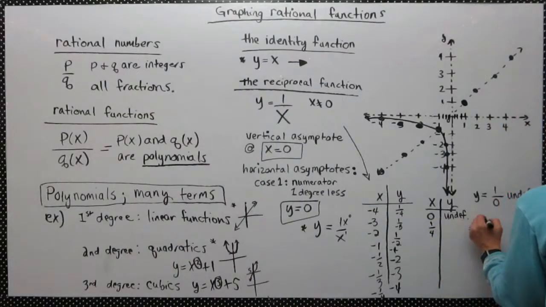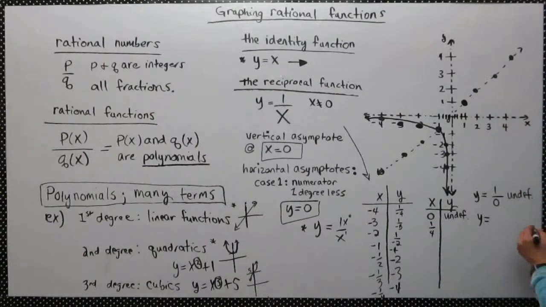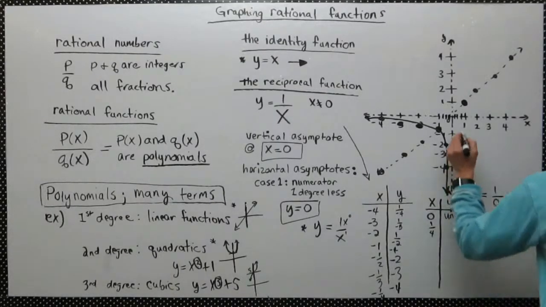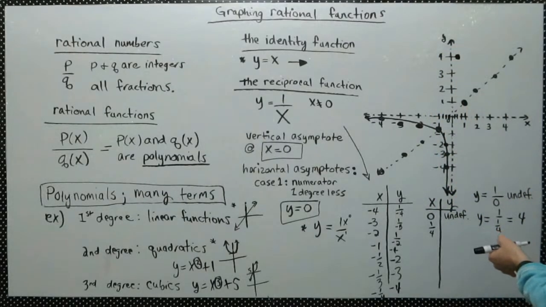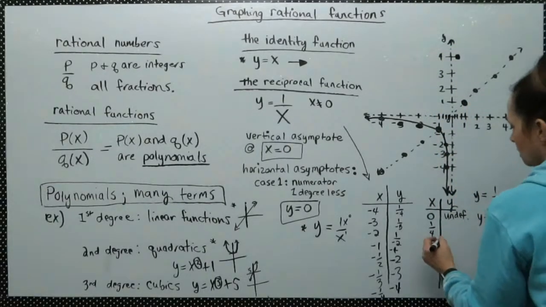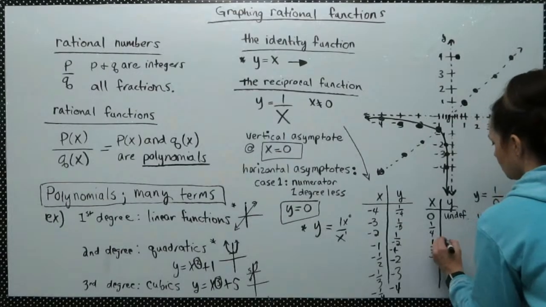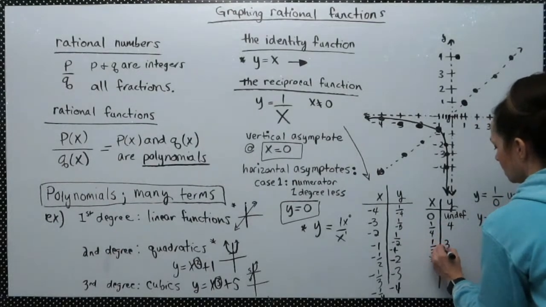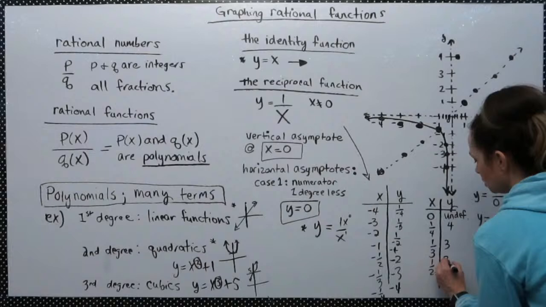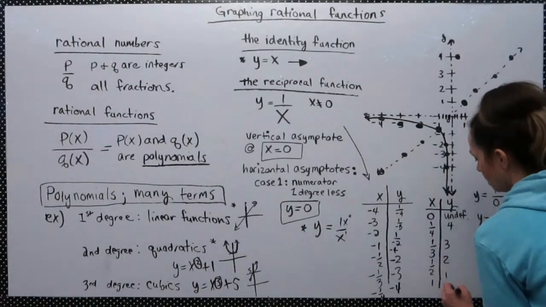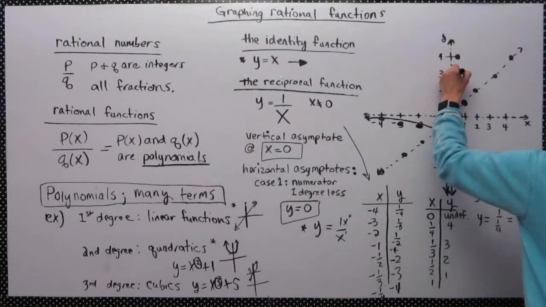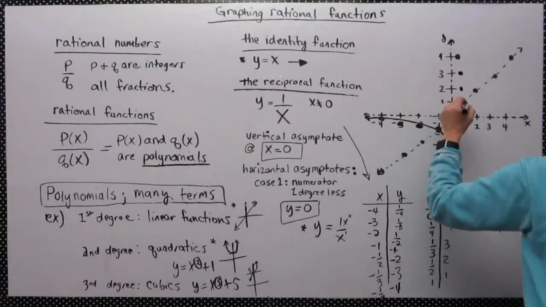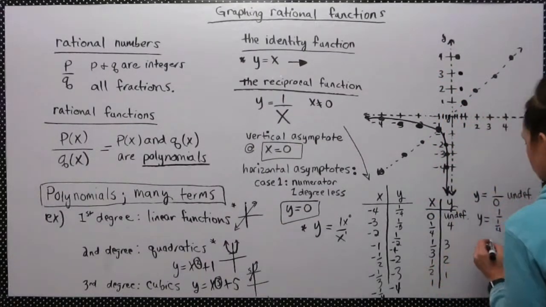When you reciprocate that, you get y equals 1 over 1/4, which equals 4. So at 1/4, we're all the way up here at 4. Okay. And then 1/3 will be the same thing. You're at 3. At 1/2, you'll be at 2. And then you've got 1 comma 1. And then we'll plug in a couple more here.